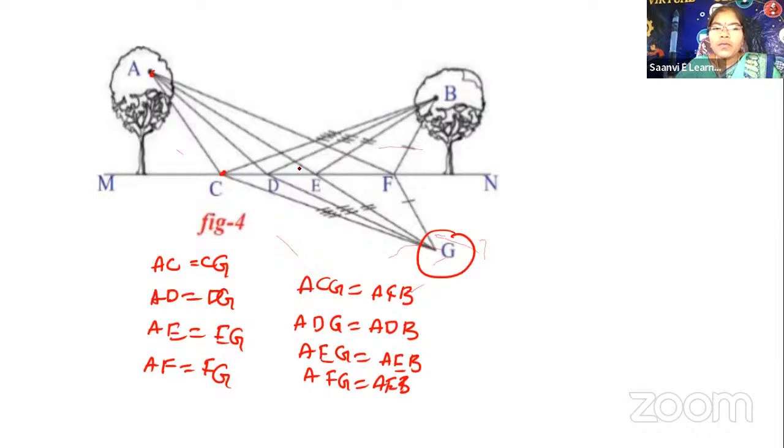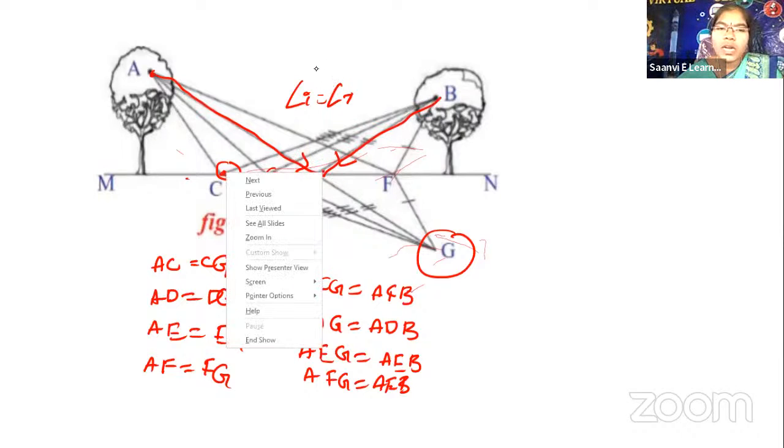Instead of CB, DB, EB, FB, we take CG, DG, EG, FG. From all this, F is very near the N, so this is not a middle point. And D is near C, so near M. Angle I equal to angle R is where AC is the incident and this is the reflection angle.